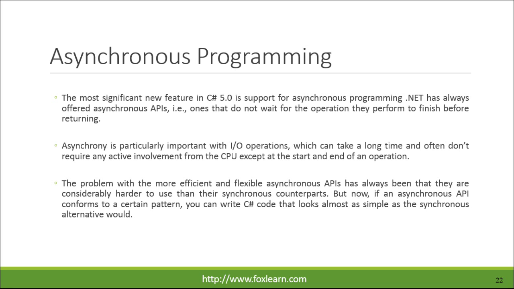The problem with the more efficient and flexible asynchronous APIs has always been that they are considerably harder to use than their synchronous counterparts. But now, if an asynchronous API conforms to a certain pattern, you can write C# code that looks almost as simple as the synchronous alternative would.